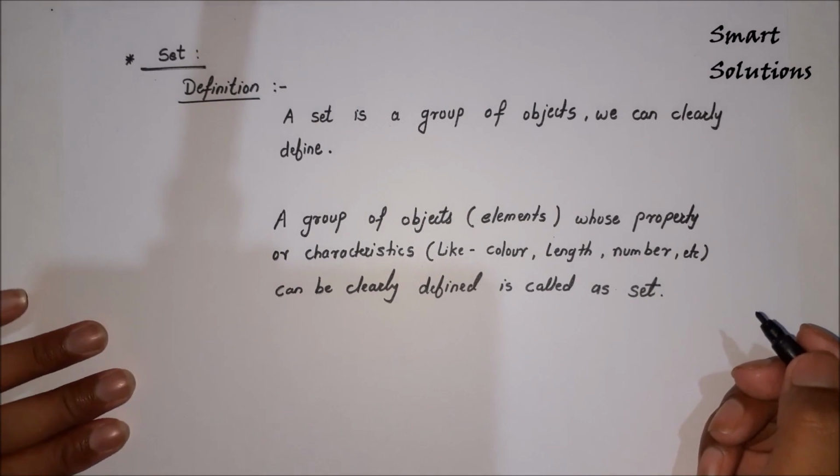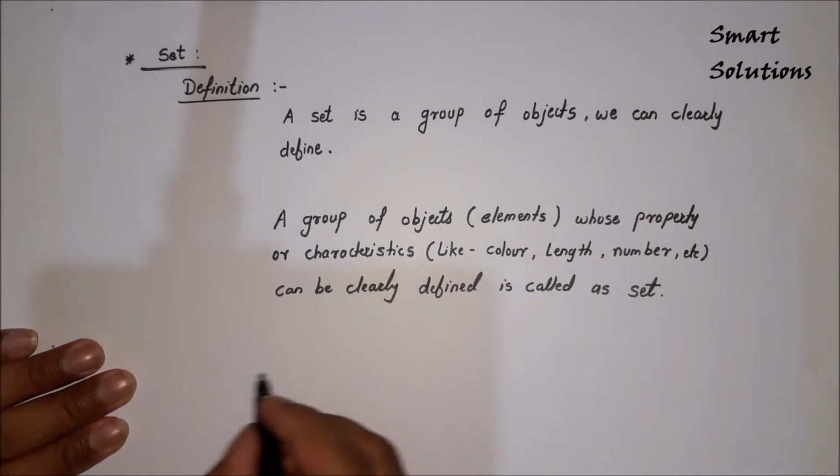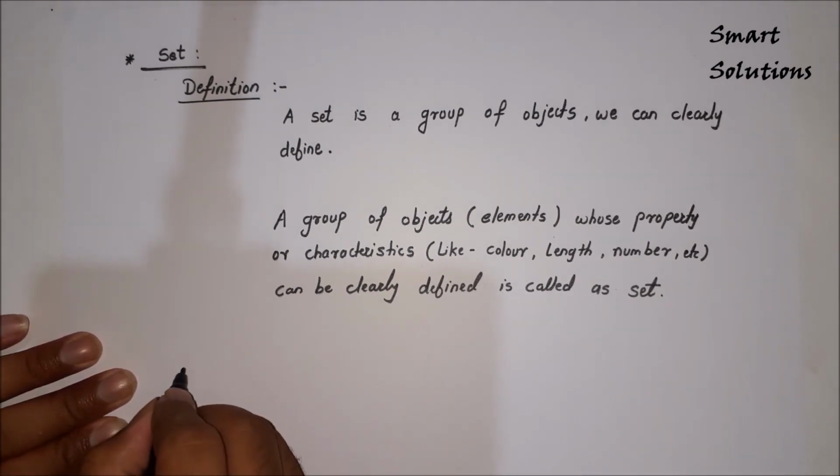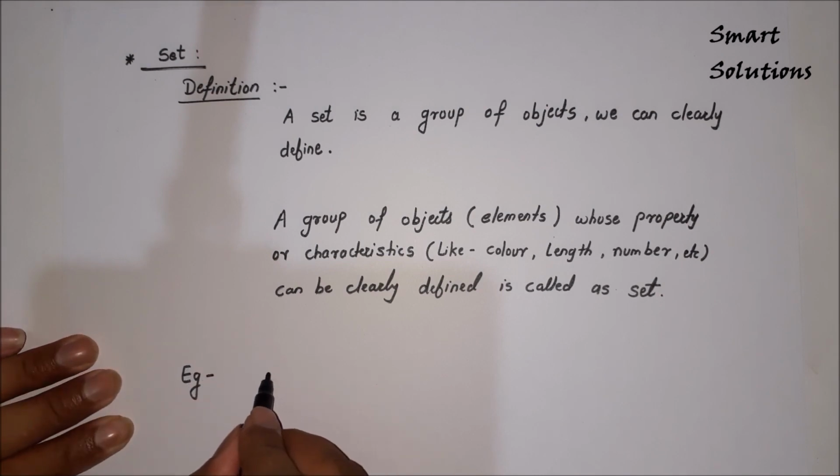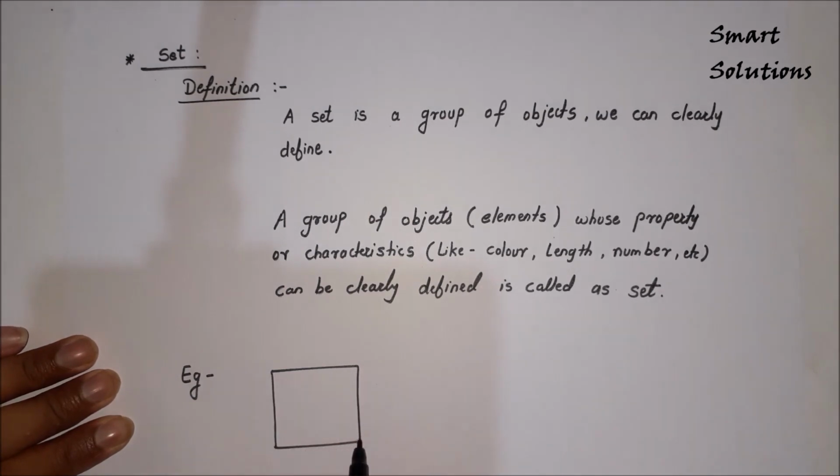So let us look at the example that we just talked about. For example, if you have a box and there are some balls, among these balls, say some are black balls.